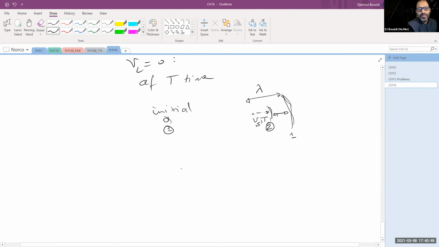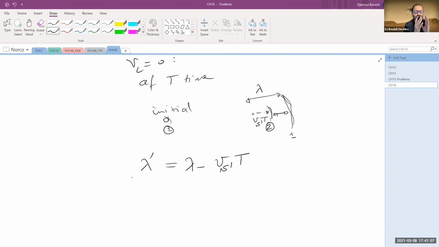They're coming with separation lambda minus the v source times T. So the observer perceives a wavelength, a distance between crest and crest, between peaks, if you wish, of lambda minus Vs times T. That is how the observer perceives this separation.